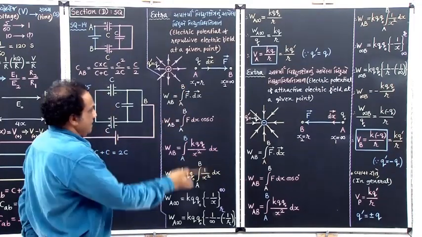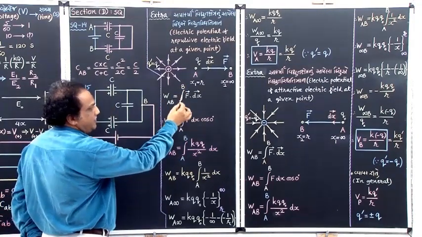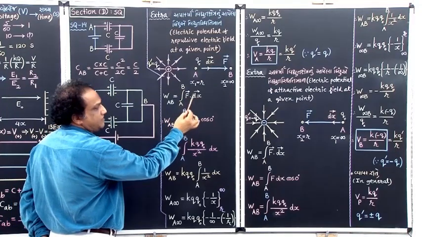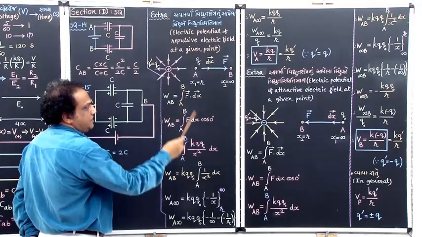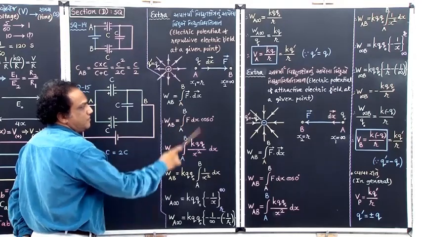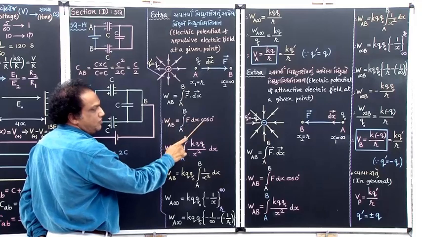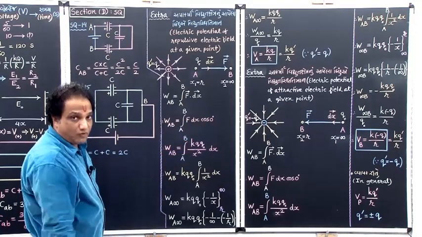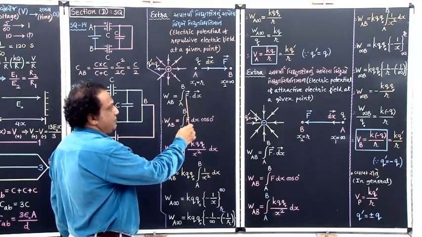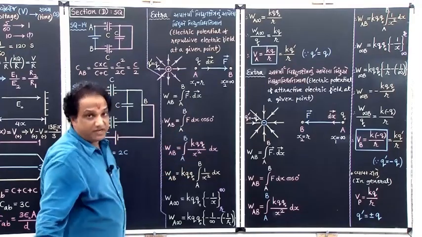So W_AB equals the integration of vector F dot vector dx from A to B. What do we mean by vector F dot vector dx? It is F into dx into cos theta. But what is theta? The angle between the electric force and displacement vectors.